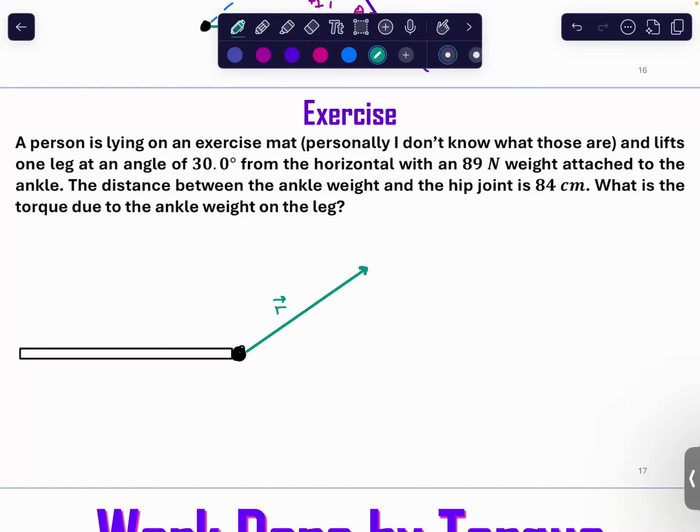And then you can imagine, okay, so then at the end, you're going to have your ankle weight, and it is going to have gravitational force, m times g, and you've raised your leg.